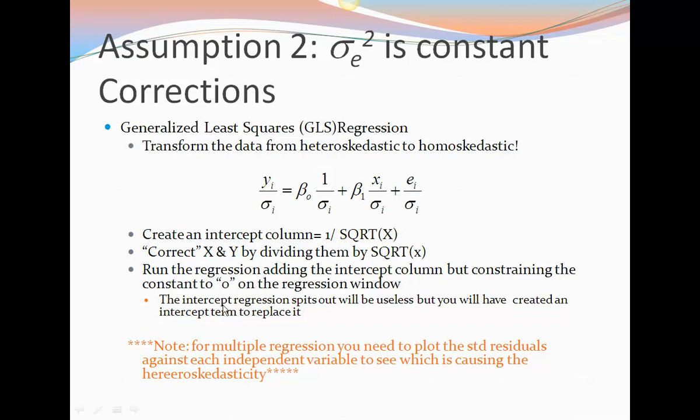And you don't have to do anything about suppressing the intercept. In Excel, you will need to suppress the constant to be equal to 0, and then this 1 over the square root of x will be your new intercept column. But then when you run the regression, you can just go through and interpret everything normally.